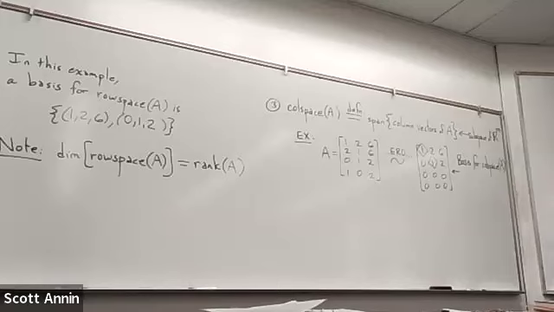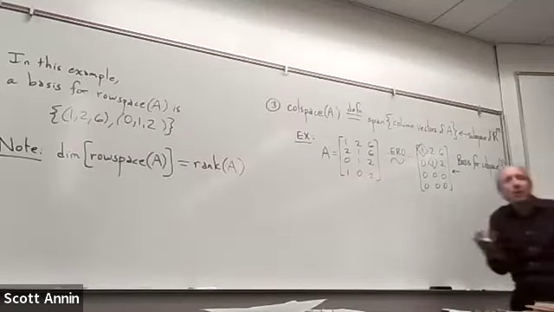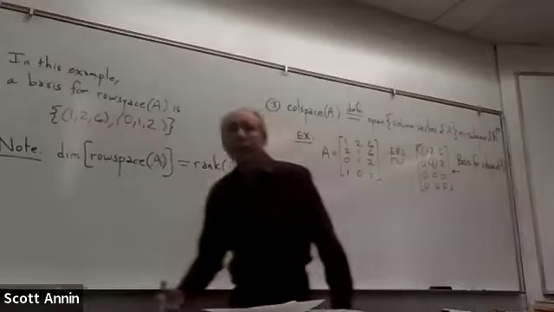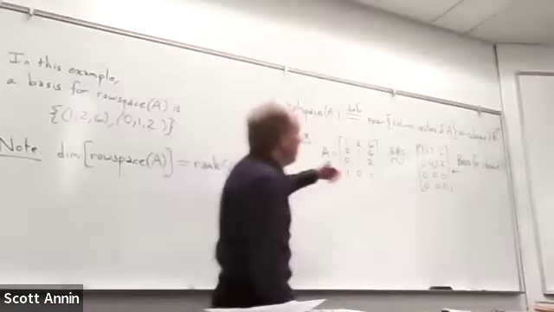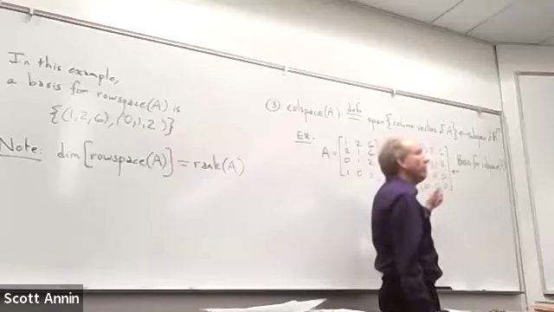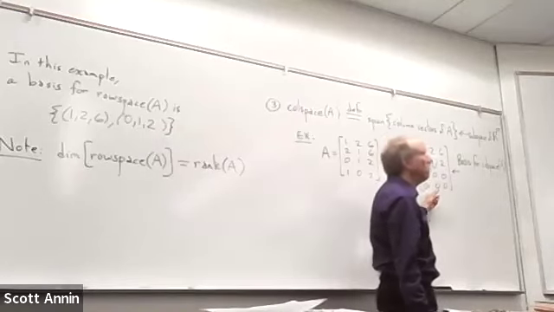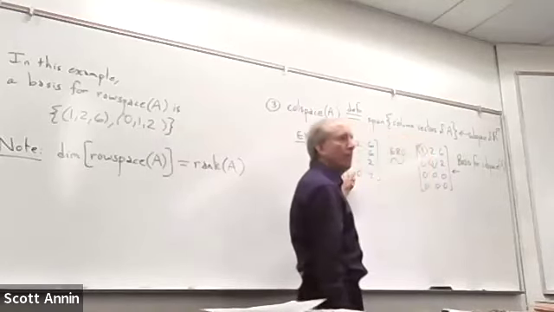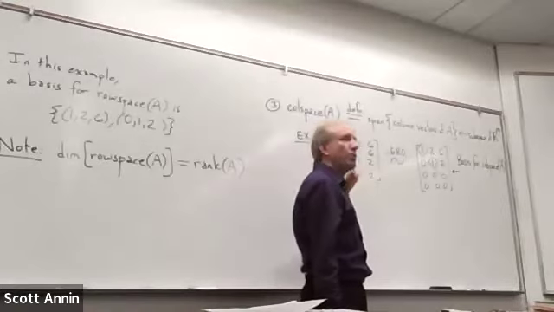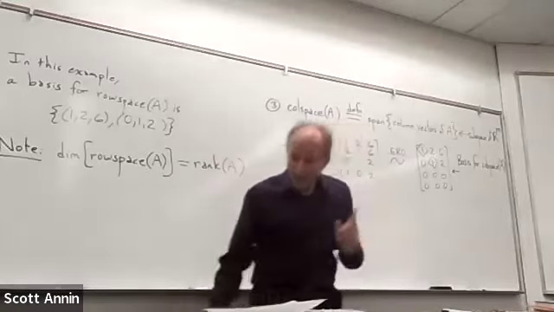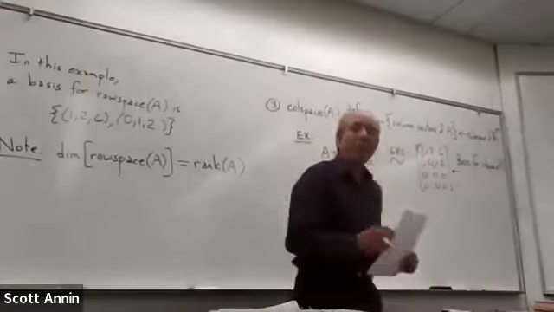It's a vector pointing in a different direction now. So EROs have this bad habit of messing up the columns. And so I can't just take the pivoted columns of my row echelon form and assume that that will be the basis for the column space of the matrix I started with. But it turns out it's an easy fix.